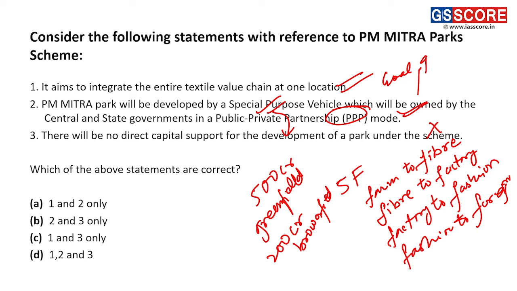So the third statement is incorrect. We need to find the correct statements. 1 and 2 are correct and hence the answer is option A. Option A. Moving on.